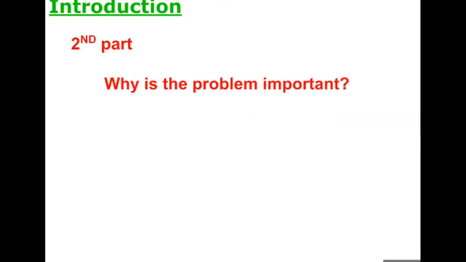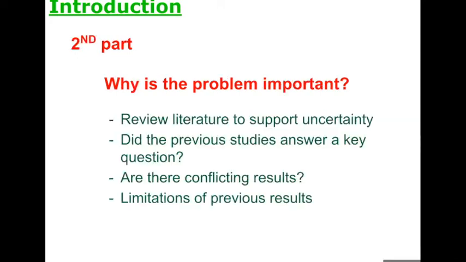And then the second part, why is that problem important? Okay, so here you talk about review of your related literature to support that uncertainty. And that's why you want to address it. Did the previous studies answer a key question? If not, then here you can state it. Okay, and are there conflicting results? No?